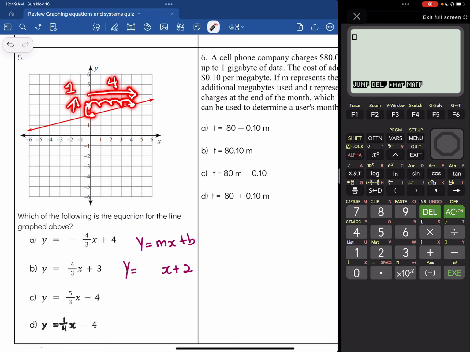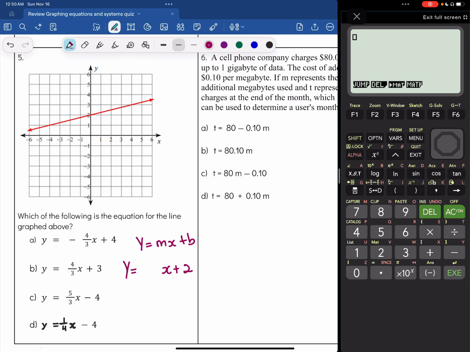So we know that when we have a number going up, that would be the numerator or the top number in the fraction. And then when we go to the right, that would be the denominator or the bottom number of our fraction. So since we're going up 1, that's going to be the numerator.